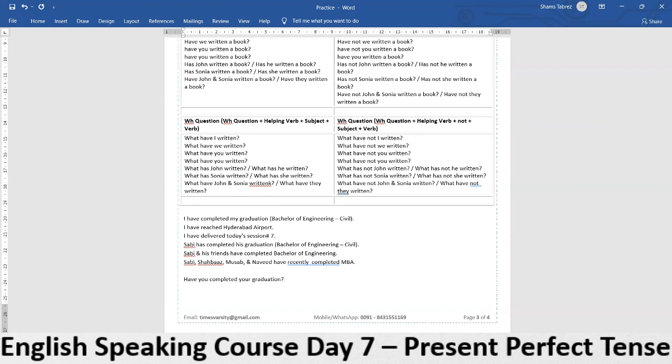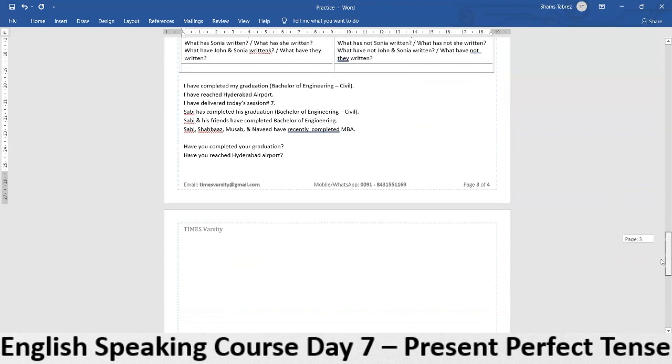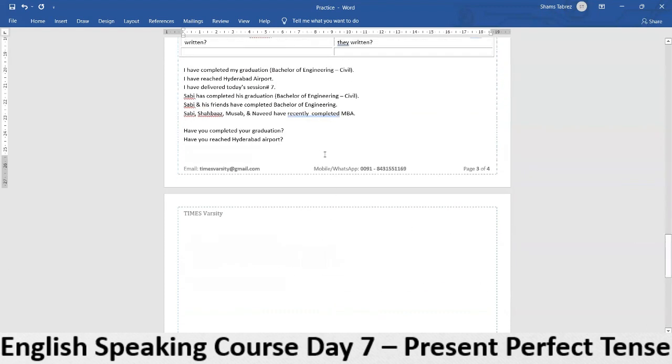Similarly, let's say you are on the way. I'm asking you, have you reached Hyderabad airport? Perfect. I can ask you because you are on the way. So if you have reached, you can answer, yes, I have reached Hyderabad airport, right? So this is the question, and then the answer.